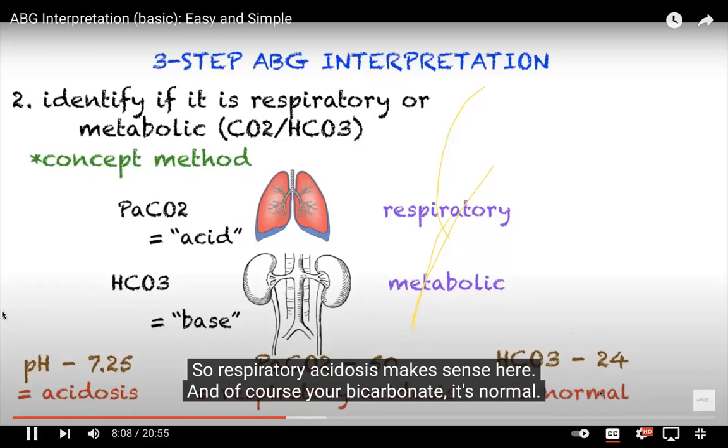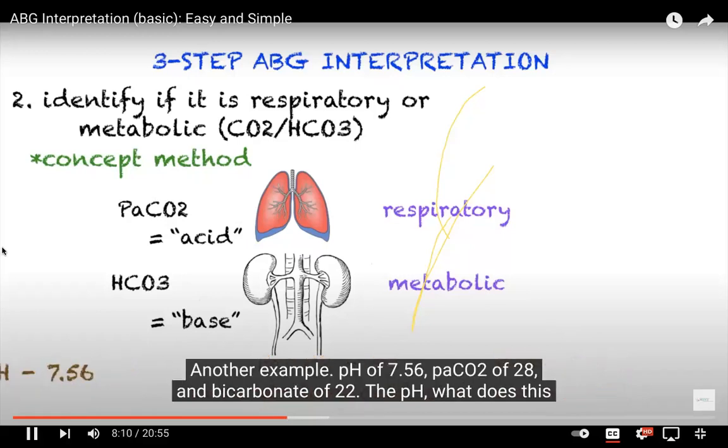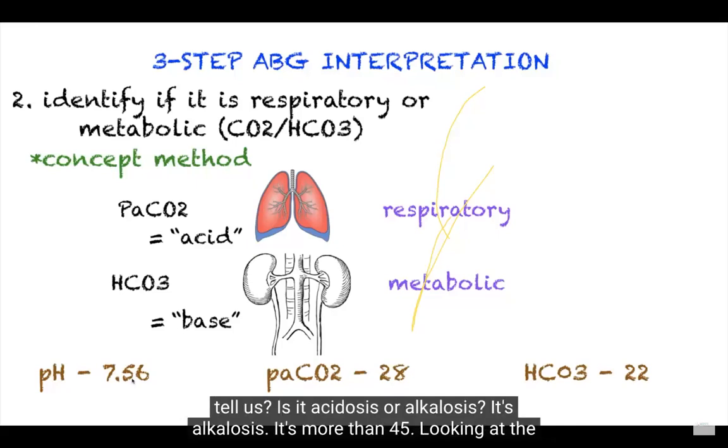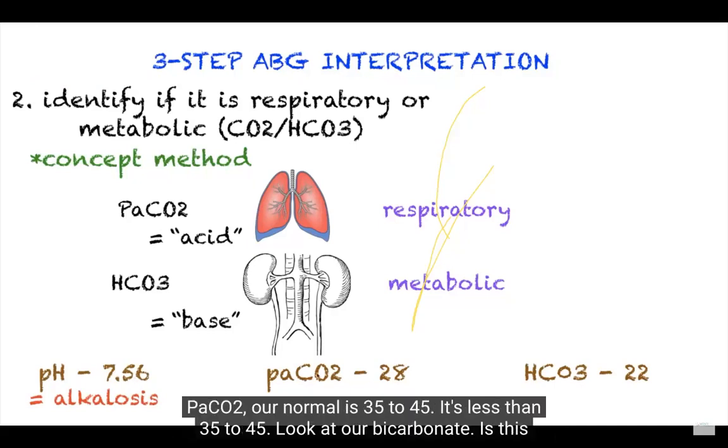Bicarbonate, it's normal. Another example, pH of 7.56, PaCO2 of 28, and bicarbonate of 22. The pH, what does this tell us? Is it acidosis or alkalosis? It's alkalosis. It's more than 45. Looking at the PaCO2, our normal is 35 to 45. It's less than 35. Look at our bicarbonate.